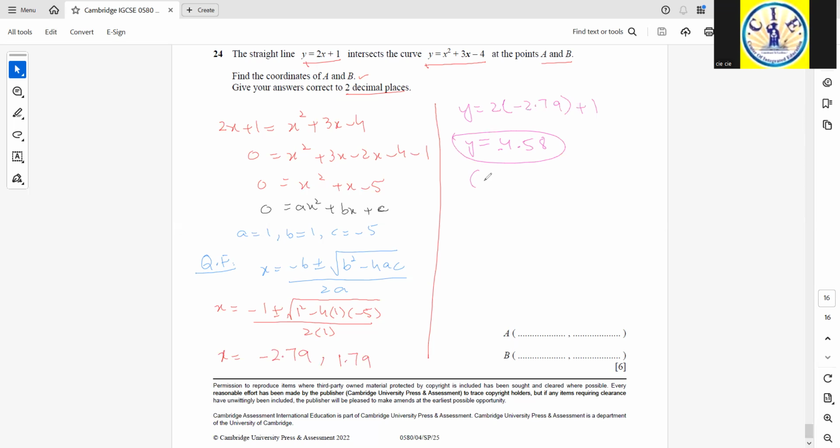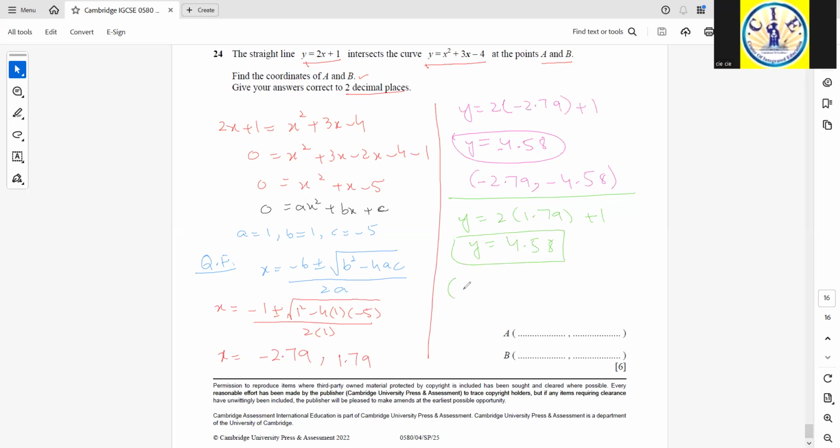So the point is negative 2.79 and negative 4.58. And when the value of x is 1.79, the value of y is positive 4.58.